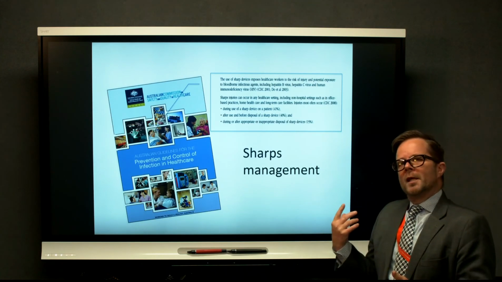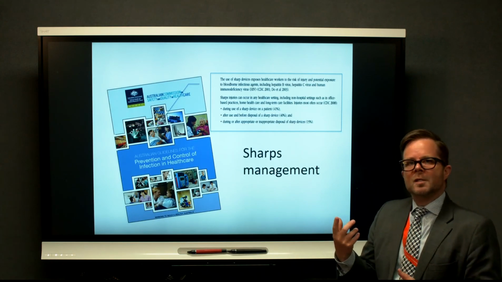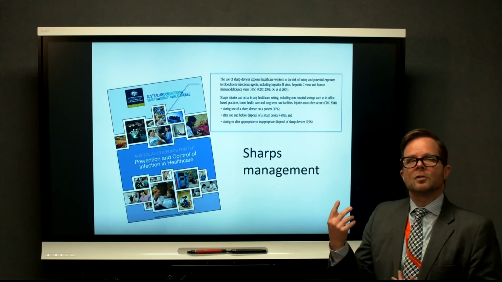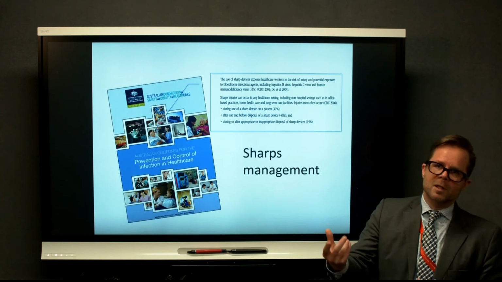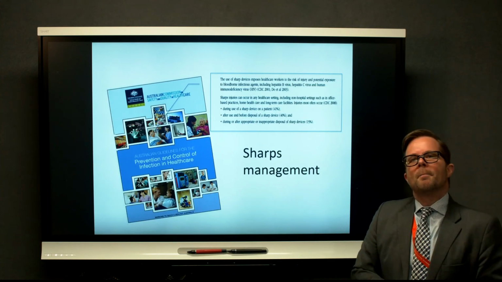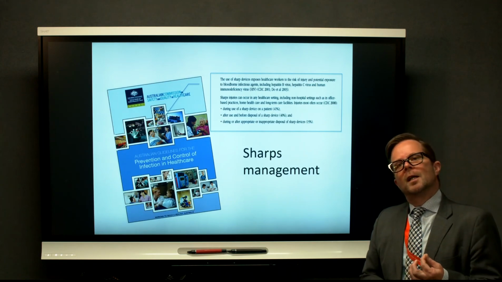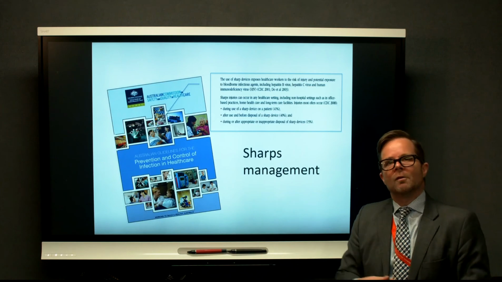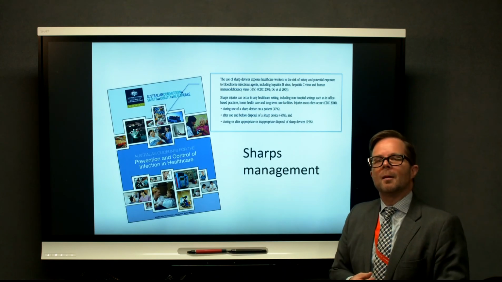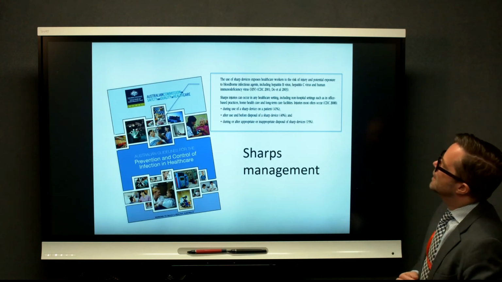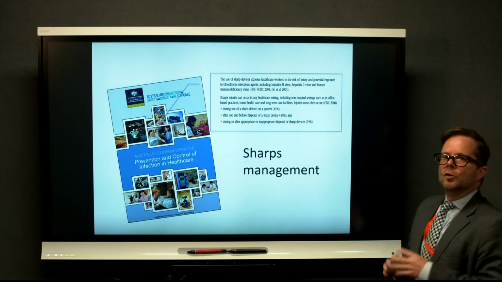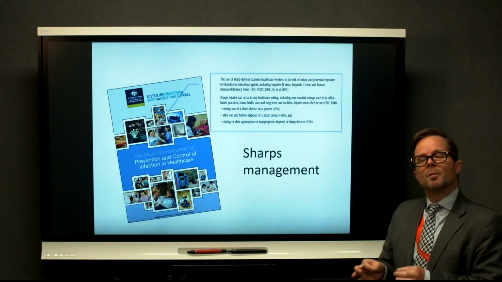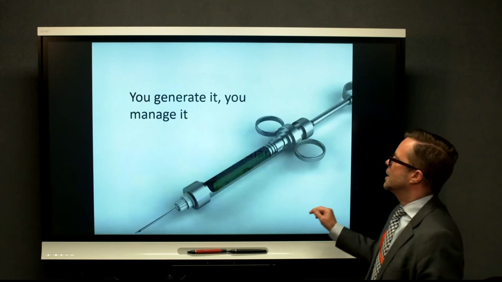So what that's telling us is that there is a risk of injury to the practitioner or the patient during the use of the sharp instrument, the injection or the scaling, but there is an equal chance of someone being injured after it's been used, so while it's being disposed of or carried away from the operating site. So you need to take care when using the instrument, but also when disposing of the instrument.